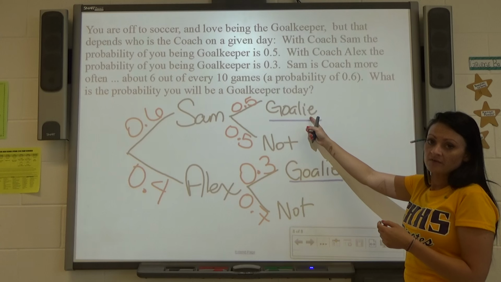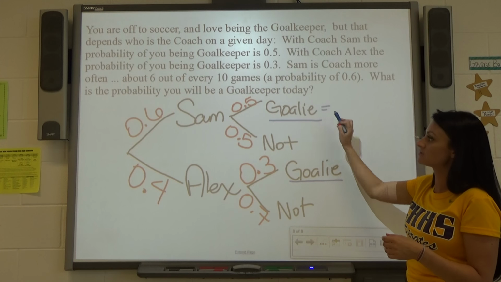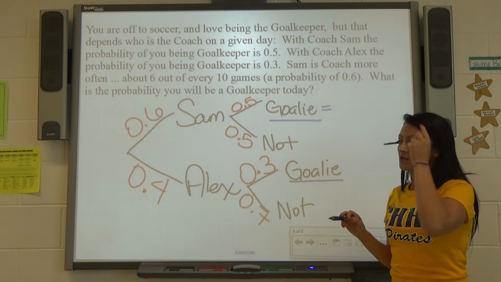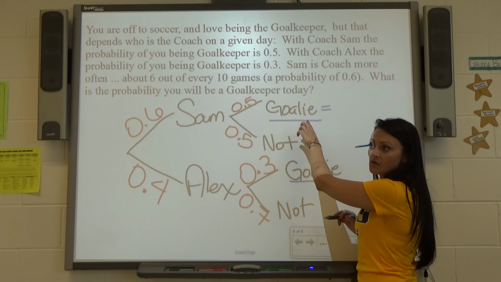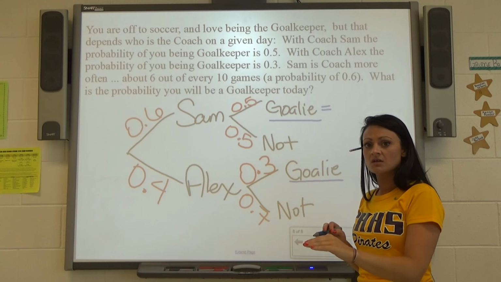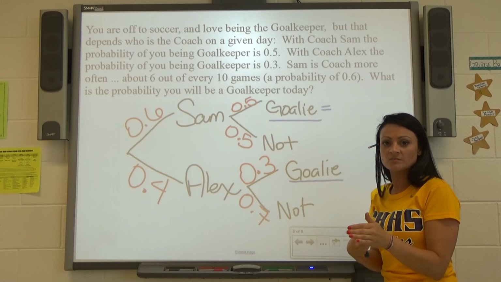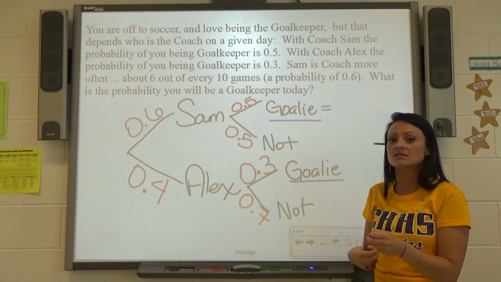Now, in order to figure out the probability that I am goalie with Coach Sam, what I need to do is think, okay, probability of me being goalie depends on who is the coach. So because there is a dependence there, that tells me I have multiplication that I need to deal with.